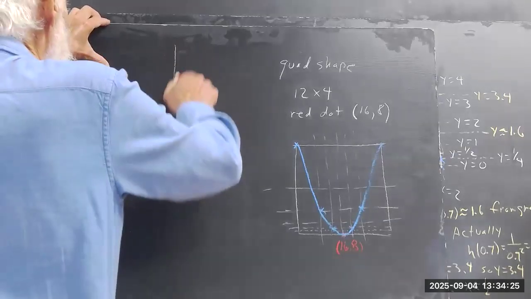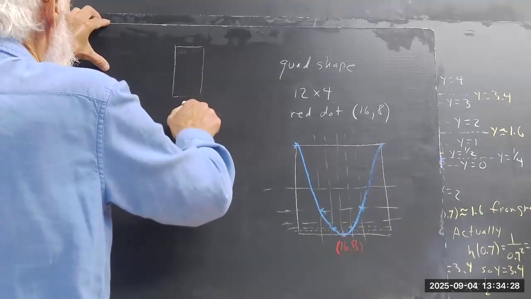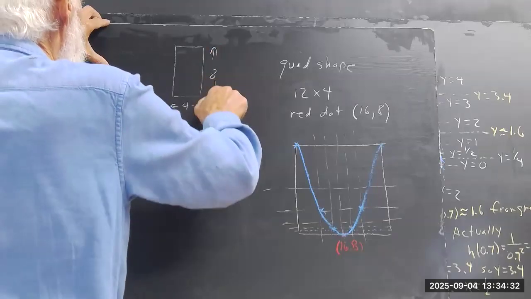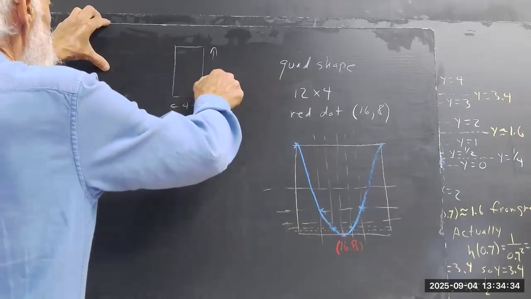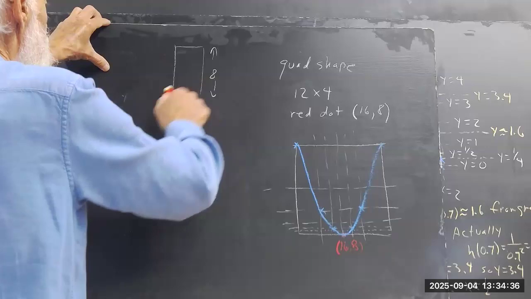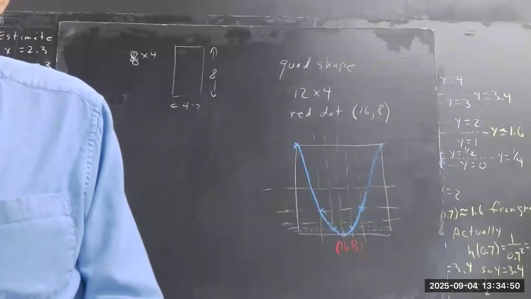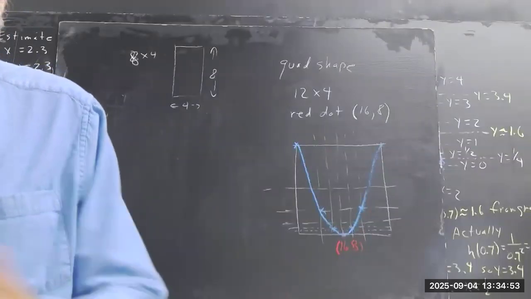So when we did it, if you just drew a picture that said 4 here and 8 here, and you get that note in your notebook, you can look back and see it.